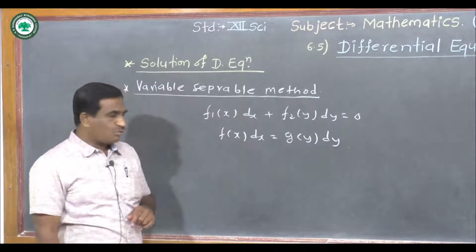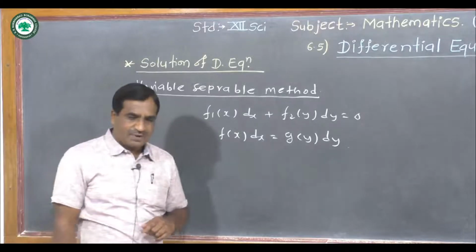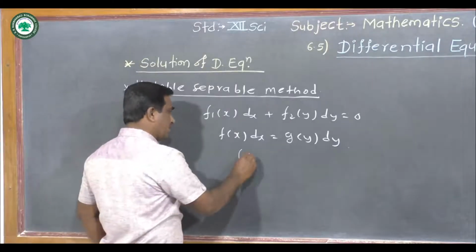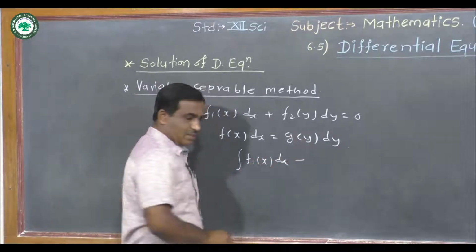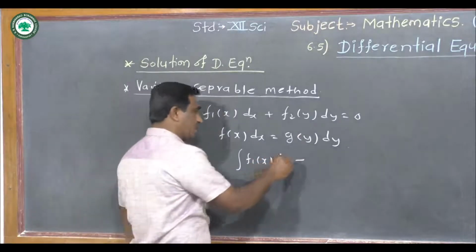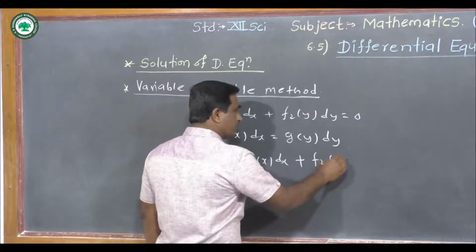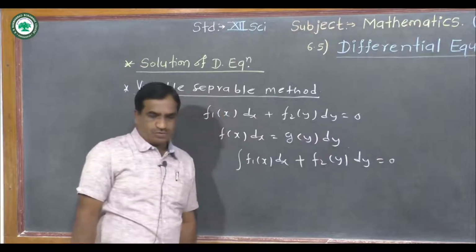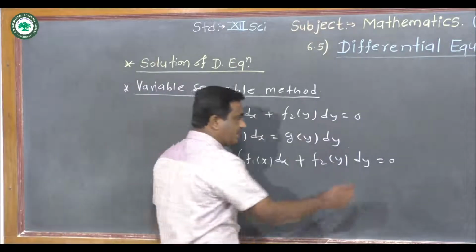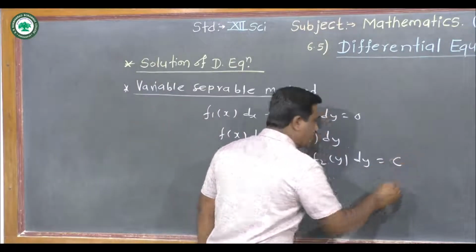Now solution of this differential equation can be found by using this formula: integral of f1 of x dx plus integral of f2 of y dy is equal to 0, or we can write, instead of 0, constant term c.